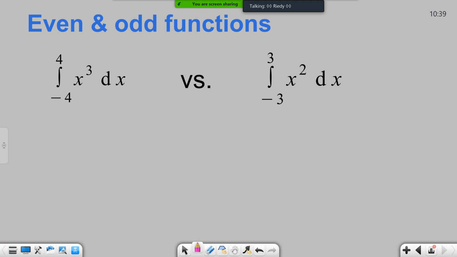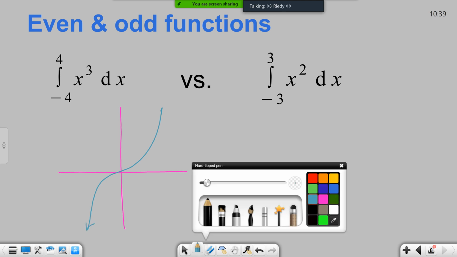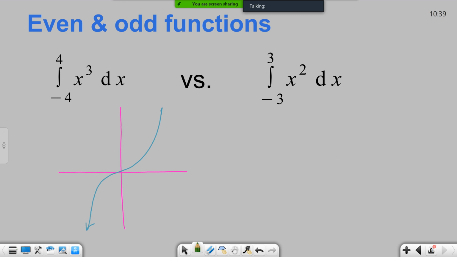So this first part is easier to understand if we look at a graph. Okay, so there's the graph of x cubed. If I want to find the area under the curve from -4 to 4, I'm looking for this area and this area. What's the answer? 0. 0, correct.